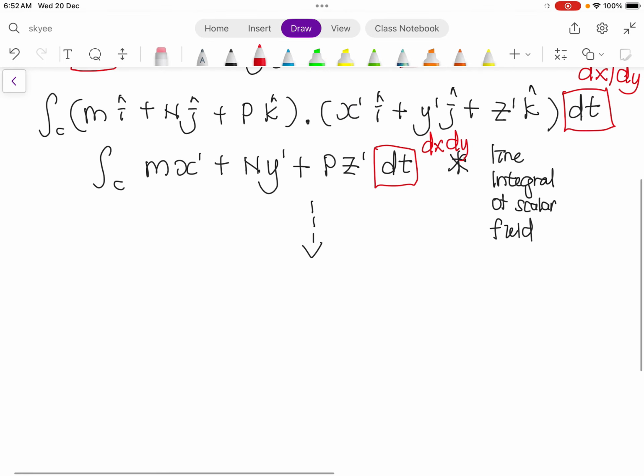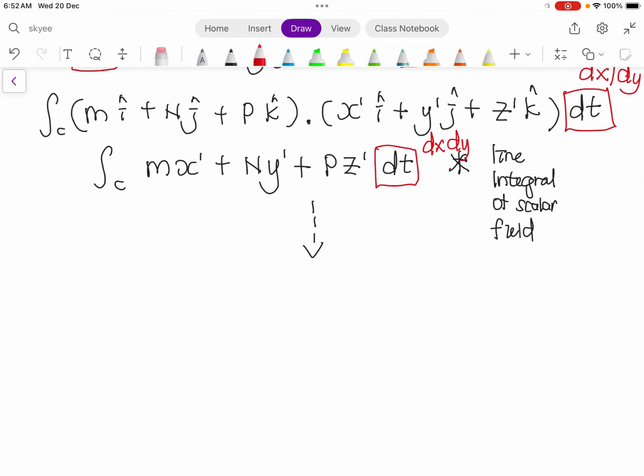You can look at the procedures on page 157. They show you the 4 steps in evaluating the line integrals of vector field. Change all the parameters to t, then find dr, find F dot dr, and then calculate. This is exactly what I had explained just now.